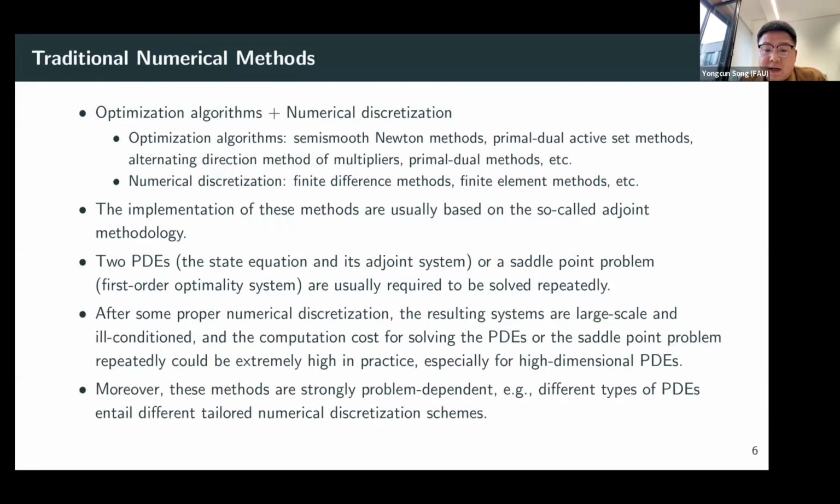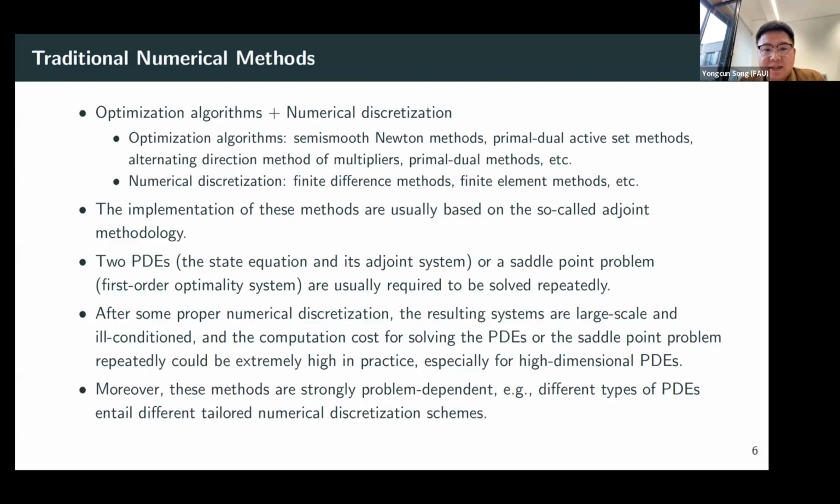And these methods are strongly problem dependent. For example, different types of PDEs require different numerical discretization schemes. For the models we considered here, for the spatial discretization of the parabolic equation, we can employ the standard piecewise linear finite element method.